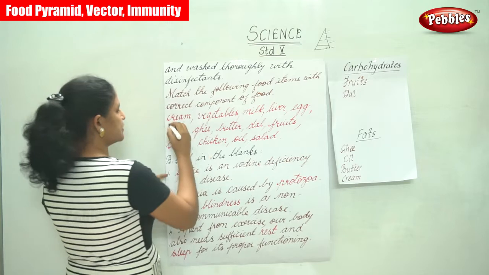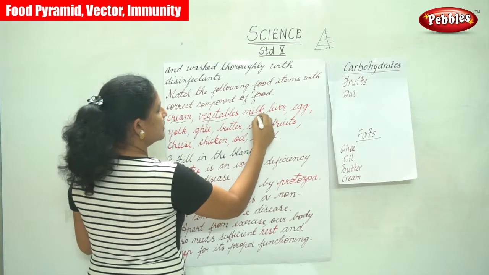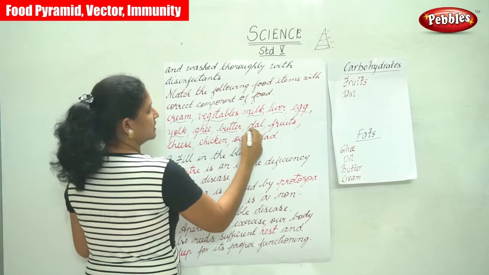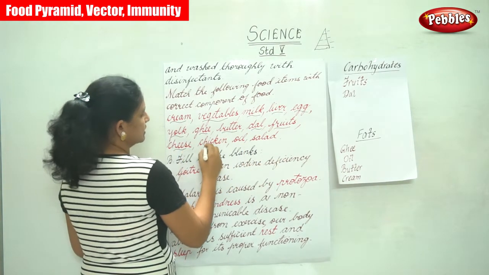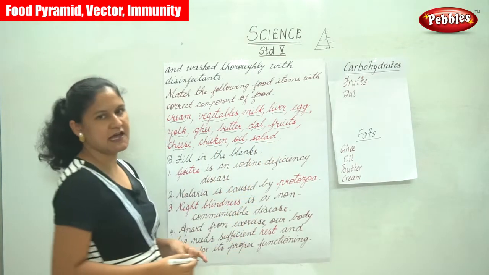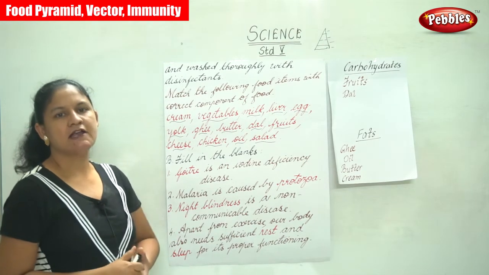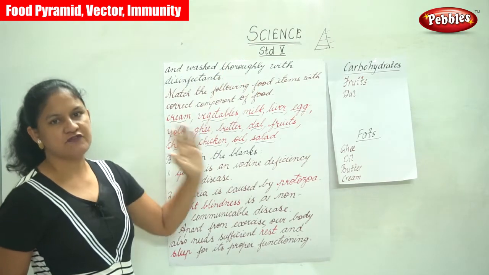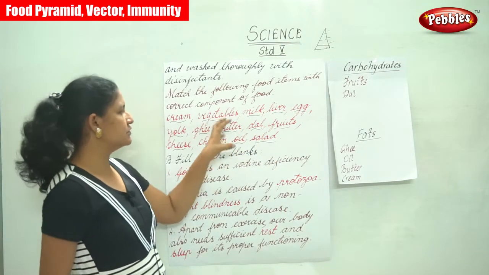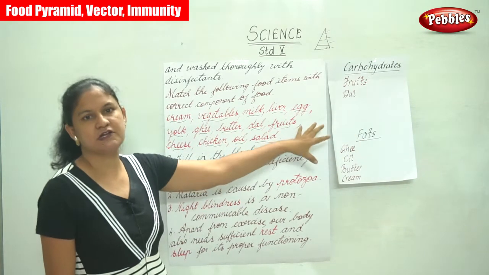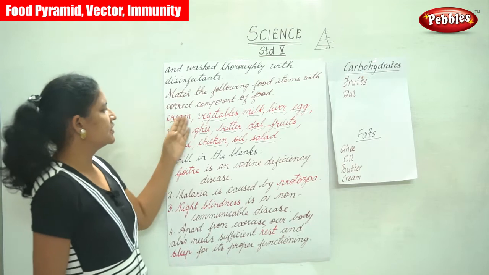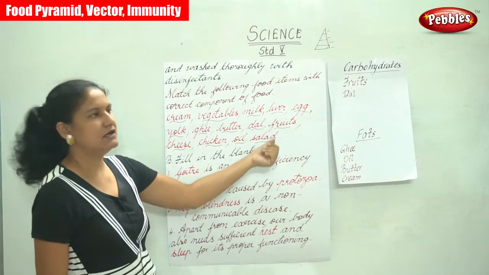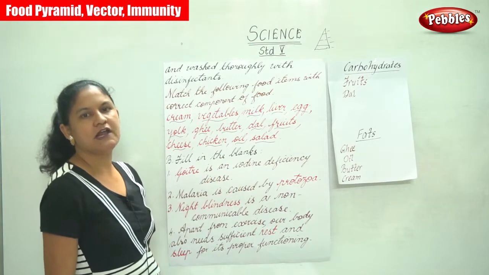We have cream, vegetables, milk, liver, egg yolk, ghee, butter, dal, fruits, cheese, chicken, oil, and salad. We have to group them according to their component. We have the components: carbohydrates, fats, and proteins. So I'm going to take these food items and group them according to their component.